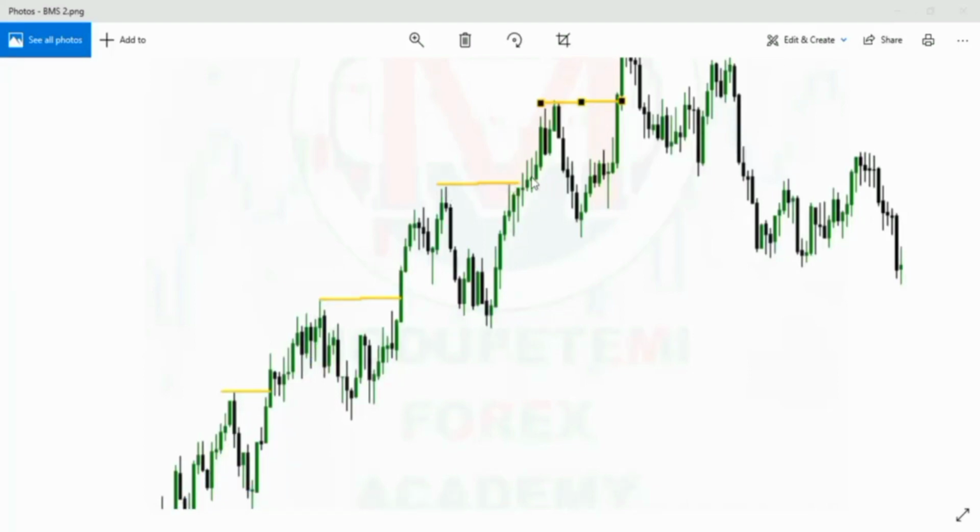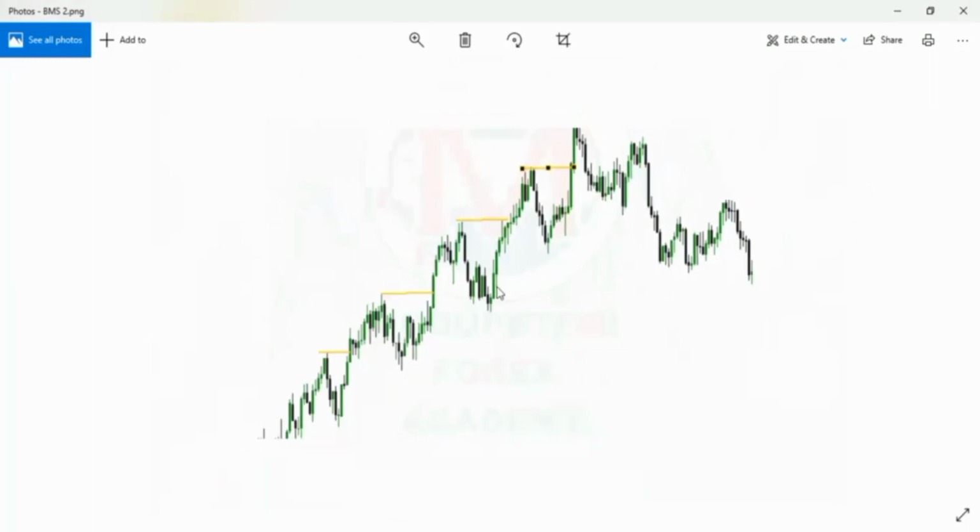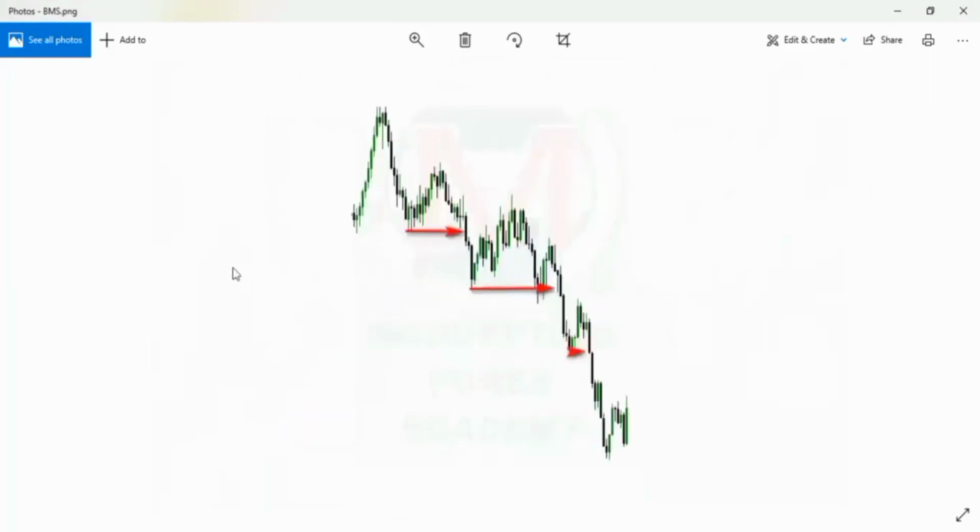You always have to break the market to the upside to take out the swing high. So that's for your uptrend. Like now, at that last swing high.